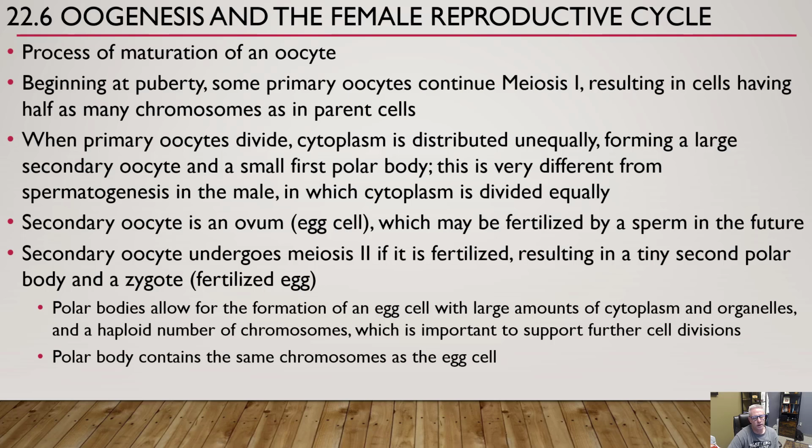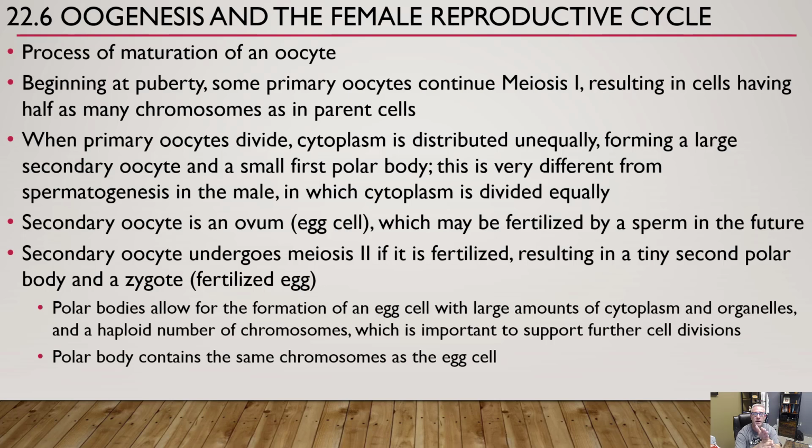we talked about how there's meiosis 1, meiosis 2, and sperm goes through meiosis 1, meiosis 2. But with eggs, remember how I said that with oocytes, in fetal development, eggs are produced, but then meiosis 1 all of a sudden stops.